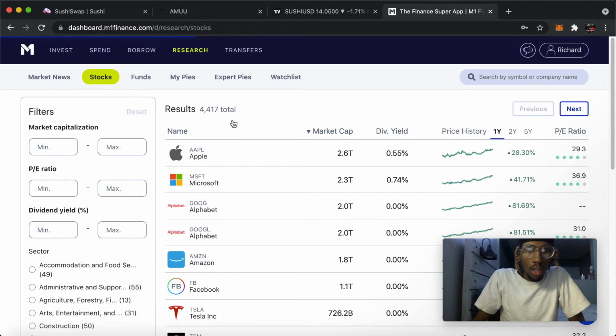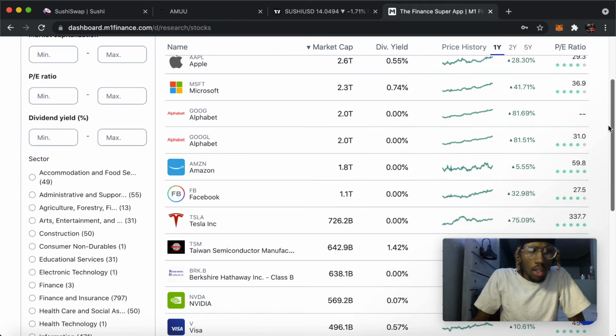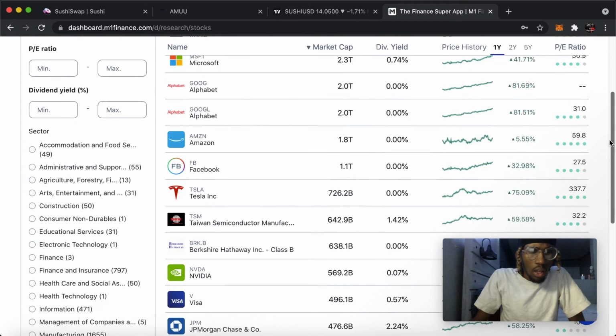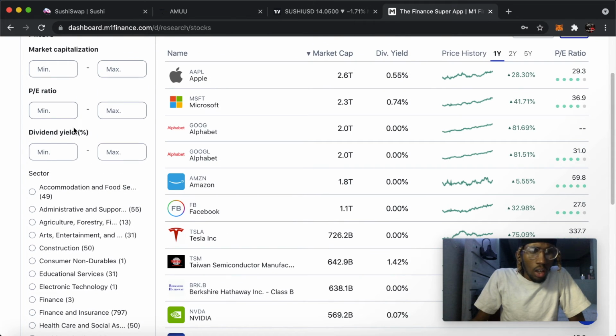The stock page. Now this page shows you all the available stocks you can invest in. And as you can see on the left, it has a search bar where you can put in what kind of stocks you're looking for, what kind of percentage, dividend yield, PE ratio, market capitalization, all that good stuff.